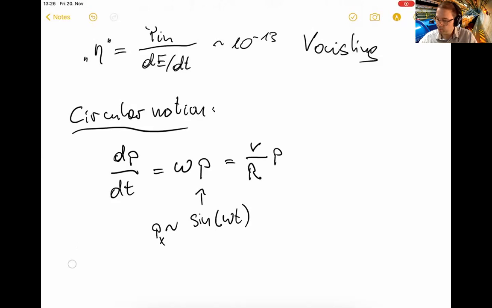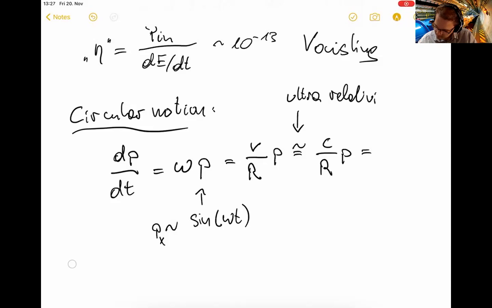Because the velocity for an ultra-relativistic particle is almost the speed of light, we can write c over R times p, and c times p for an ultra-relativistic particle is E over R.